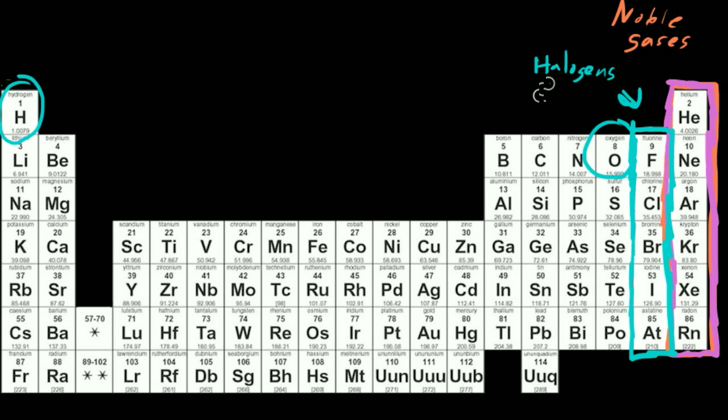They are very reactive, and you can almost think about the reason why they're reactive is because they're really close to the noble gases. They've got an electron configuration that looks almost exactly like the electron configuration of a noble gas. So you could say fluorine has an electron configuration that looks almost exactly like neon.